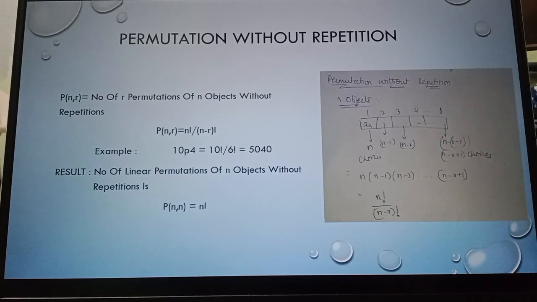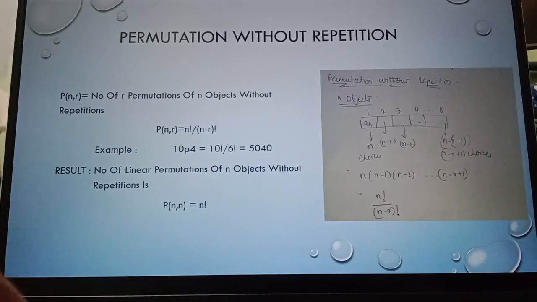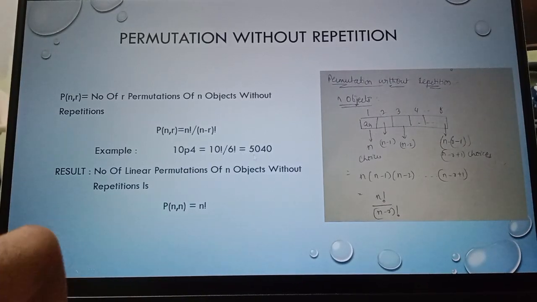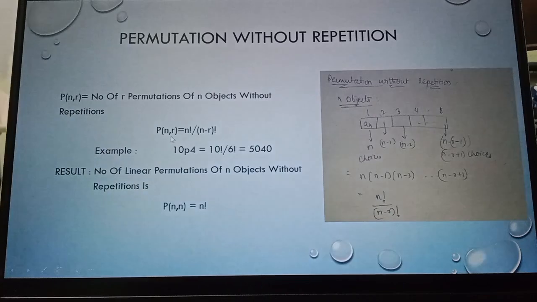We can represent nPr in this format also: P(n, r), and the formula is n factorial by (n minus r) factorial. A simple example: how do we write 10P4? That is 10 factorial by (10 minus 4) factorial, that is 6 factorial, and the answer is 5040.